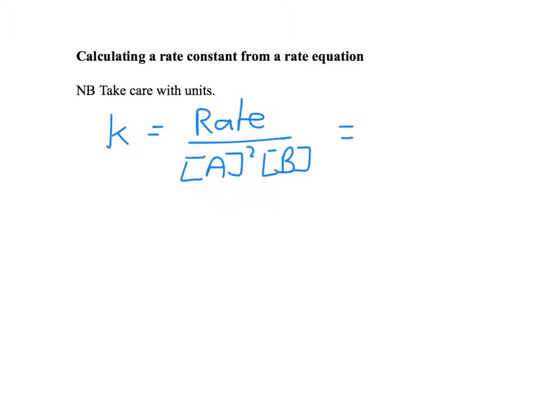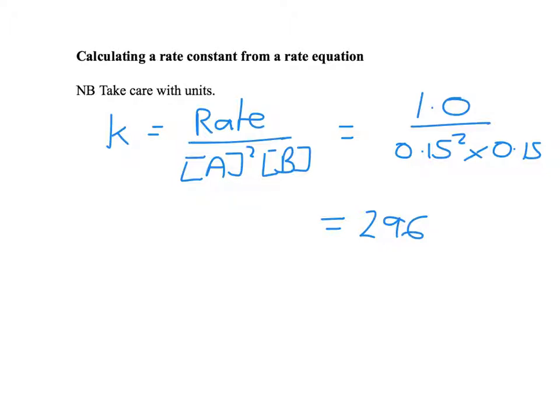Okay, and if you put some numbers into that, when the rate was 1 mole per decimeter cubed per second, the concentration of A was 0.15 squared, and the concentration of B was 0.15, like so. So if you do that, you will end up with k being 296.